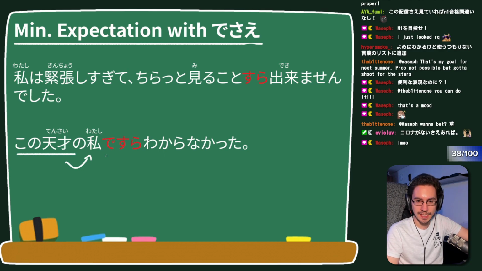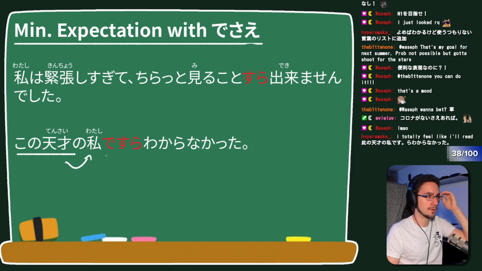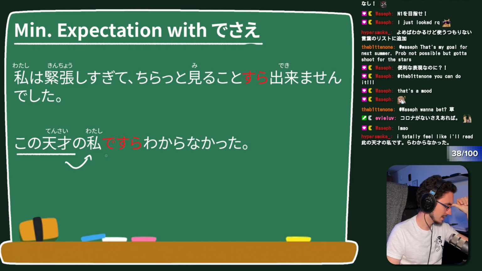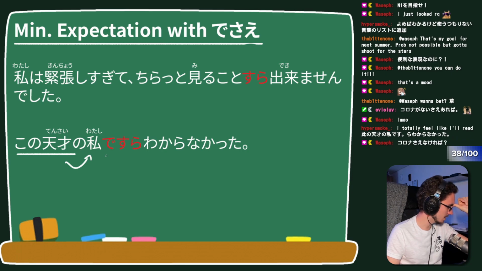コロナがないさえあれば. So, コロナが, wait, I need to actually think about it. How would you do コロナさえなければ? You should do コロナさえなければ. Sorry, I had to really think about how you say this. Yeah, there you go.